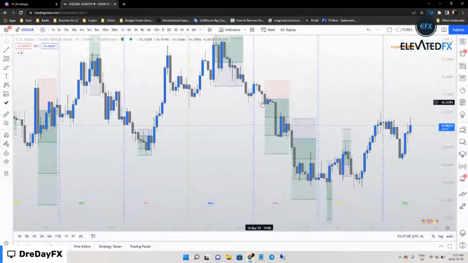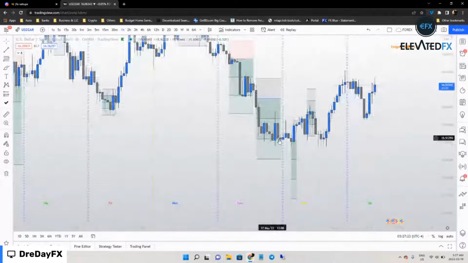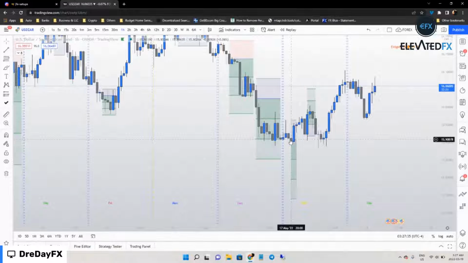First one was here. Then it dropped here at midnight. So basically that was the actual sell, right here. So the entry was here. Sold off, went to TP2. And then you had another one here. This one stopped you out.